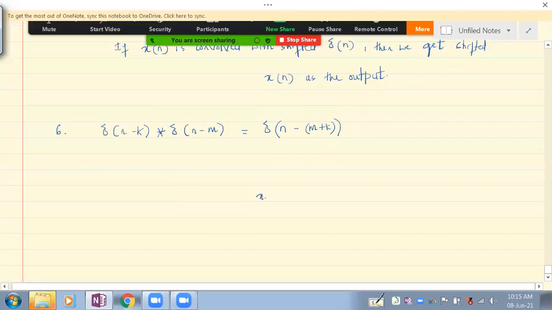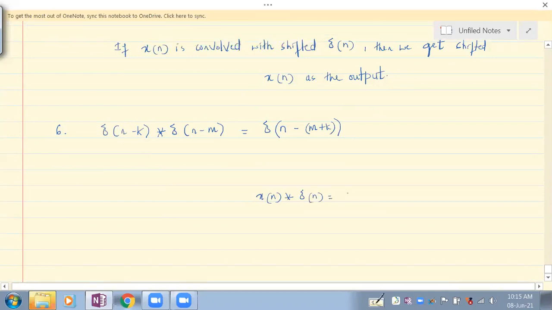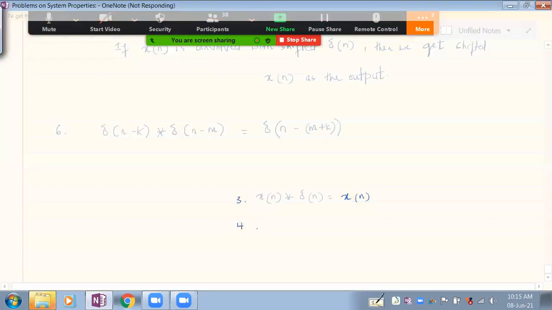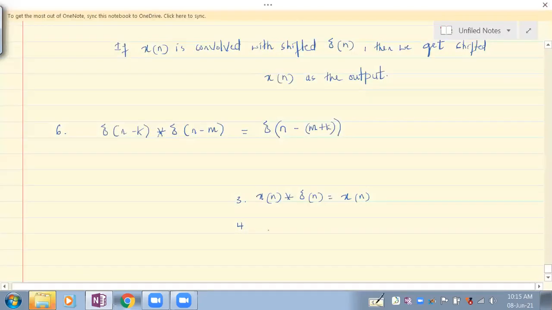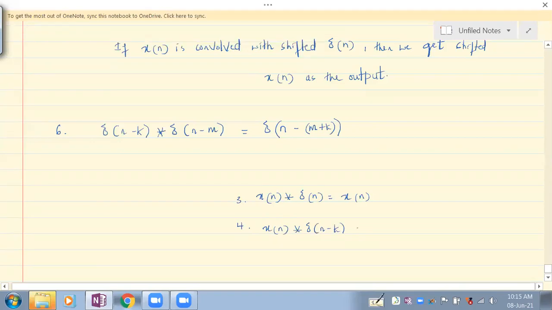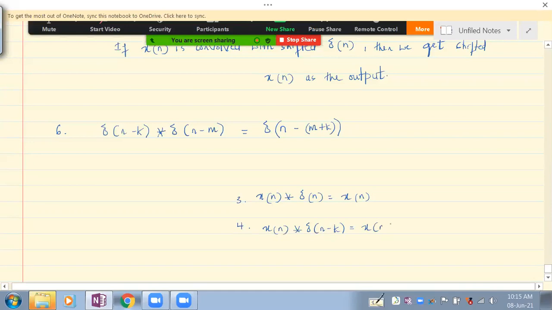If you have x of n and you convolve that with delta of n, you will get x of n. So this is your third property. Fourth property is, if you have x of n and you're convolving that with the shifted impulse function, then the output that we get will also be shifted like this.